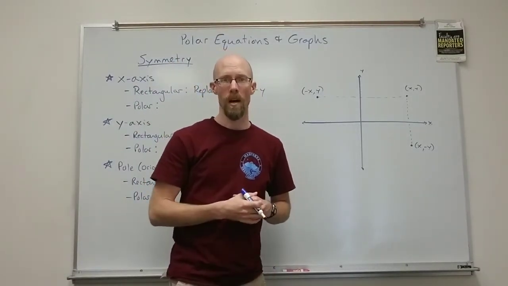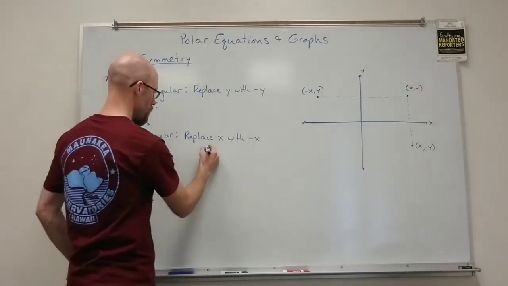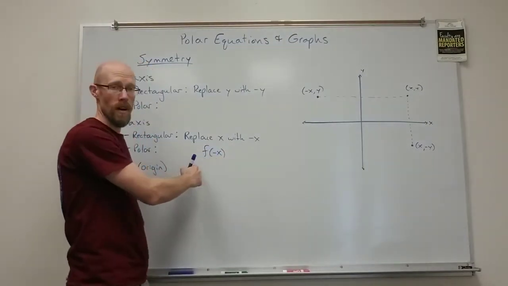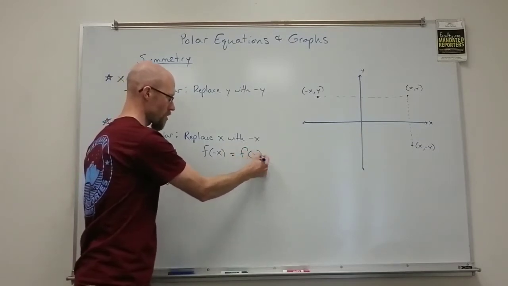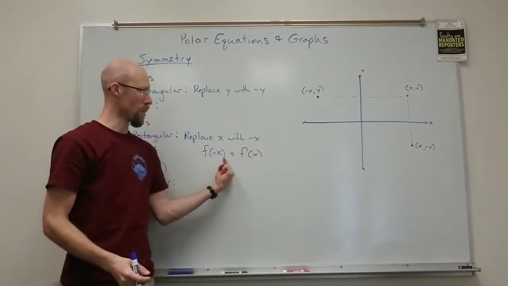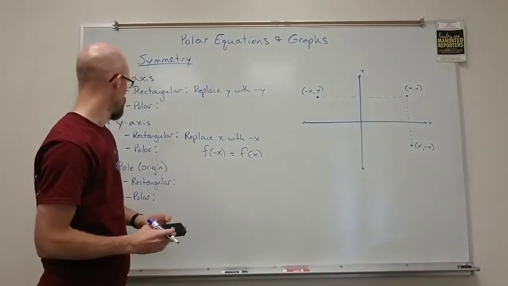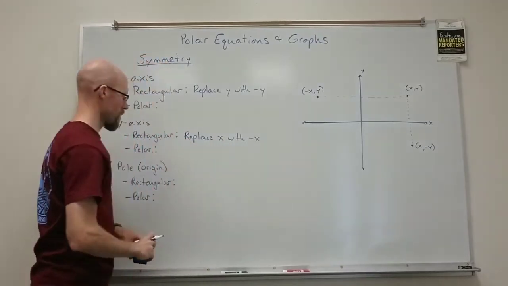This is how we worked with even functions, right? If you replaced x with negative x, f of negative x should equal f of x, right? The equation should be the same whether you put in negative x or positive x. And so that's how we did the even functions, or the y-axis symmetry.